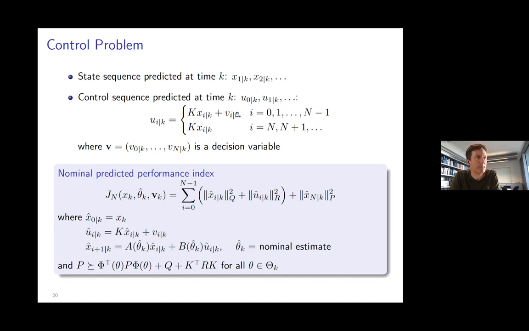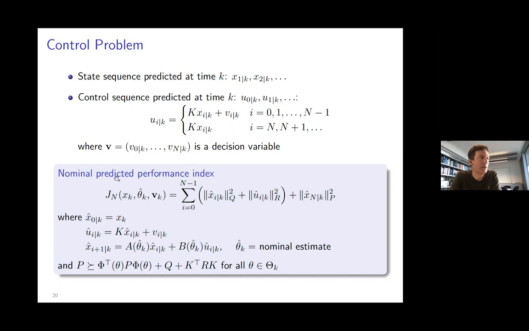But we set these equal to 0 after a finite horizon of N steps. So this is the usual method of converting an infinite dimensional control problem into a finite dimensional control problem in receding horizon control by explicitly predicting the first N future control inputs and then relying for the subsequent infinite horizon on a terminal feedback law which is designed offline.